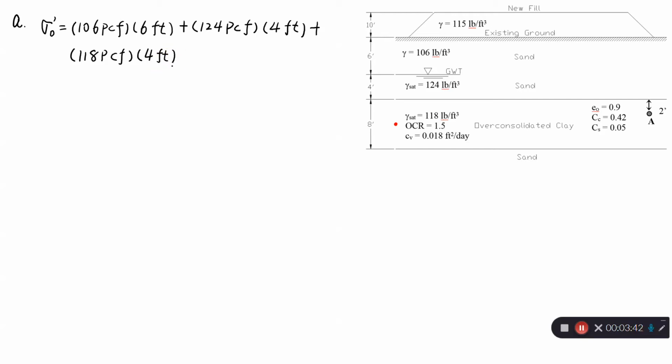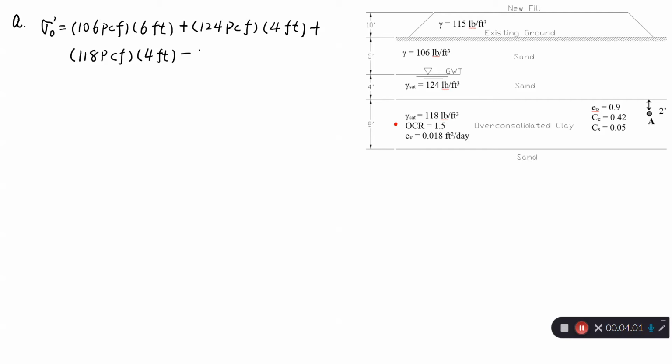Okay, so that's the total stress, and we have to subtract the pore water pressure. At that point, the pressure head is the distance from that point to the groundwater table, so it's going to be 4 plus 4.